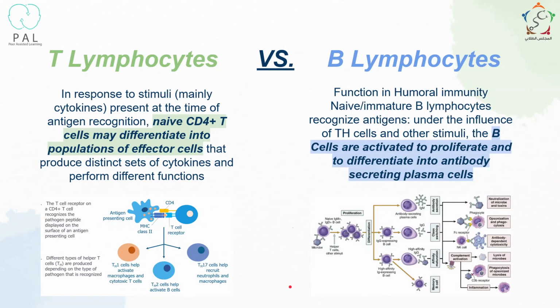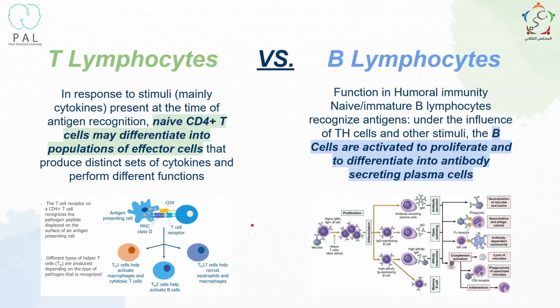So if we want to compare T lymphocytes versus B lymphocytes, the images might be terrifying. They're simple, don't worry. They're just here to demonstrate and to give you a general picture. Don't worry about them. So T lymphocytes. In response to stimuli, mainly cytokines, they can be released from macrophages, for example, present at the site of antigen recognition. So there's an antigen-presenting cell, which can be a macrophage, a dendritic cell.